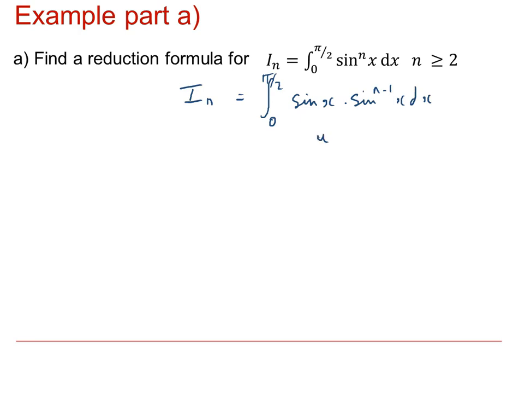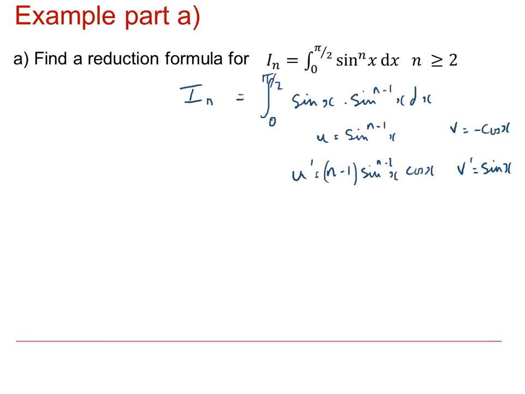One part will be u equal to sine to the power n minus 1 of x, which then differentiates to give u dashed equal to n minus 1 multiplied by sine to the power n minus 2 of x, and then the derivative of sine x, which is cos x. So using the chain rule there. The other part, v dashed, is sine x, and so when we integrate that to get v, we get negative cos x.